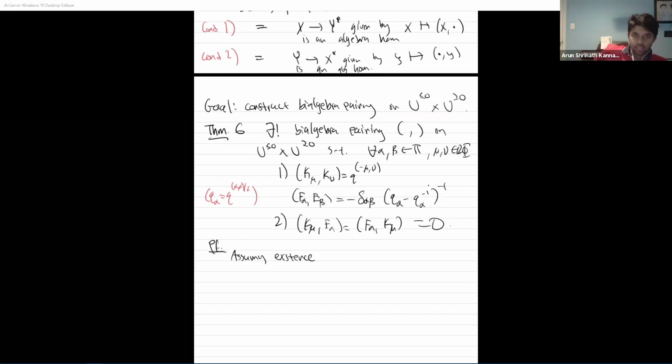So let's assume existence of such a form. Uniqueness is a consequence of the fact that it's a bialgebra pairing, and the fact that here we defined it on the generators. Then use the bialgebra properties 1 and 2.